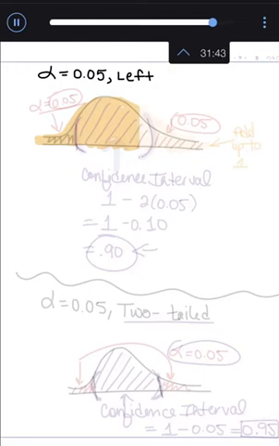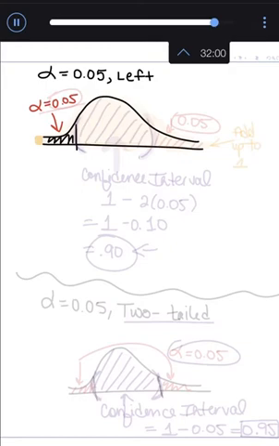So if you ran, let's say, a left-tailed test, you'd be looking at a picture like this that's left-tailed, and you'd put your alpha in your tail just like you normally do. But you'd say, what does that have to do with my confidence interval?